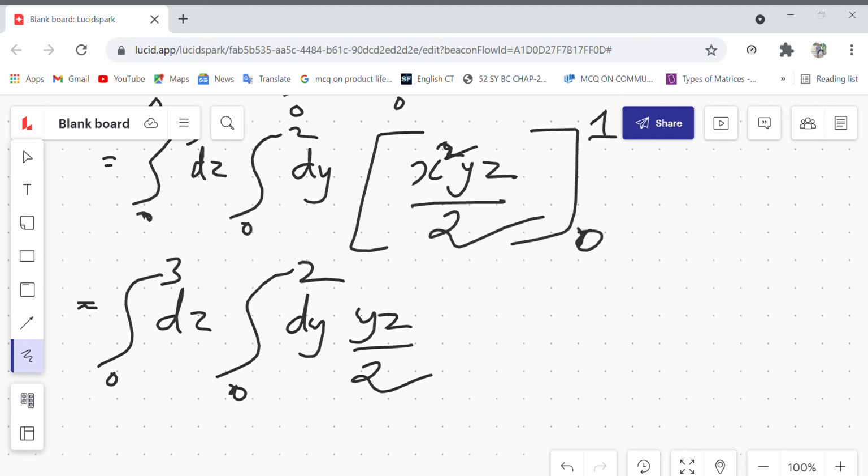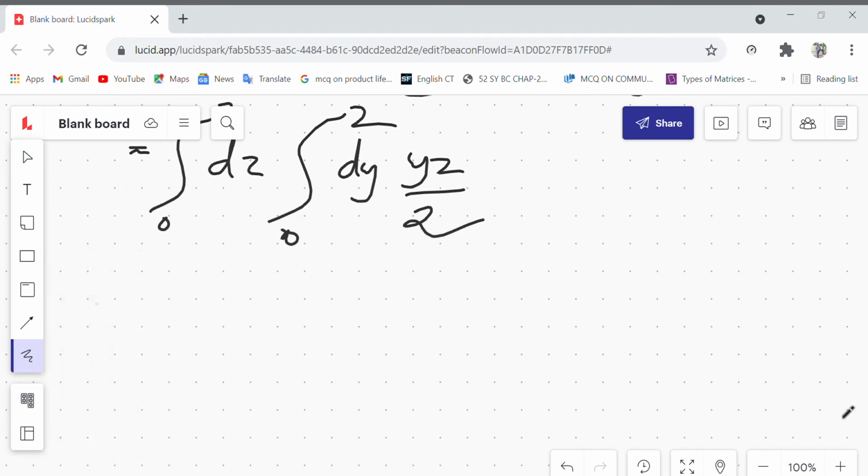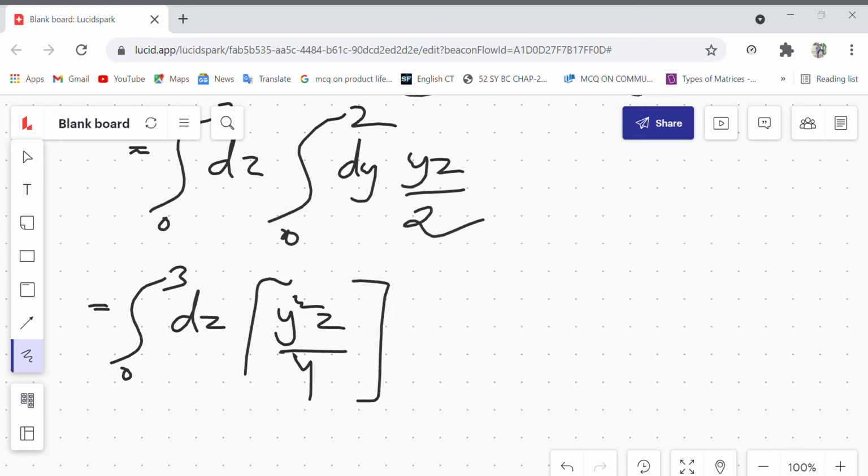Then moving on to the next step, integration of 0 to 3 dz. This will be y square z by 4, here 0 to 2.